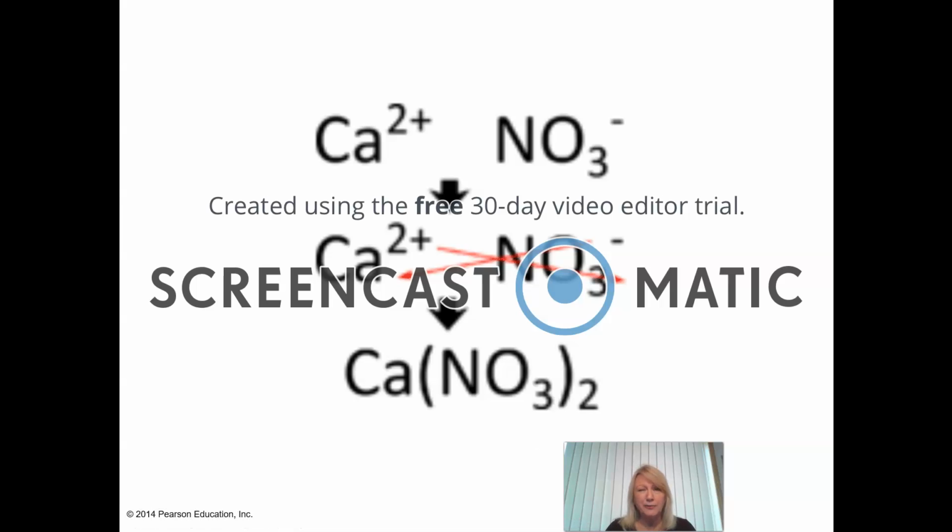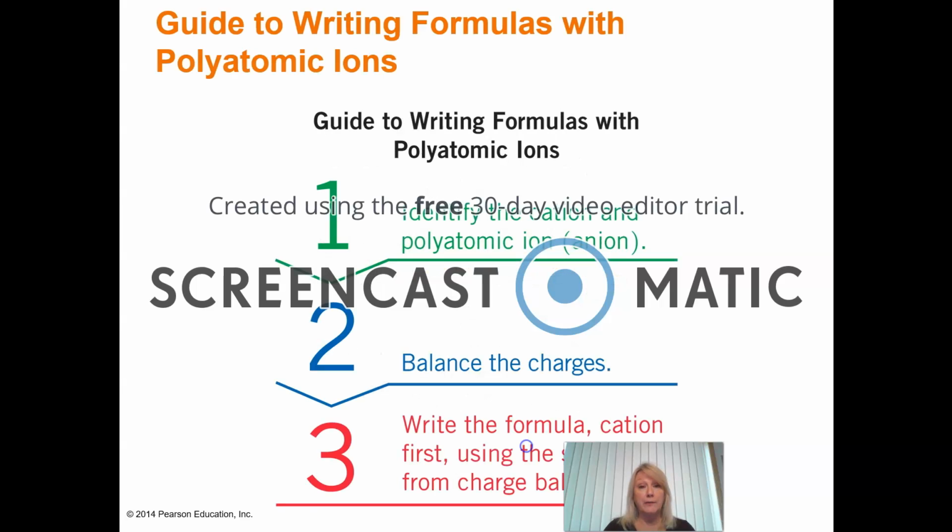So it's nothing really that new. It's just that now you're treating a group of atoms as a single unit, and so you have to be really careful about that. All right, so the cation and the polyatomic ion, you've got that chart. Read carefully. Make sure you've assigned the correct charges.